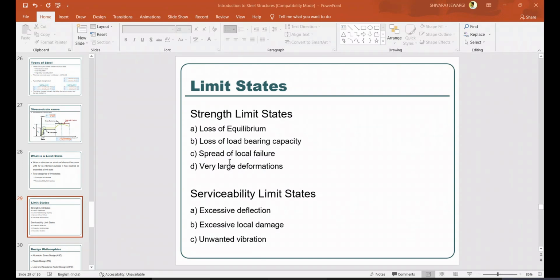When I'm using the term rolled, it means it is already manufactured by a process of heating, melting, right? That's why we always use the word rolled.